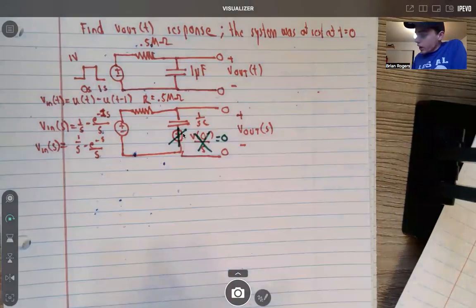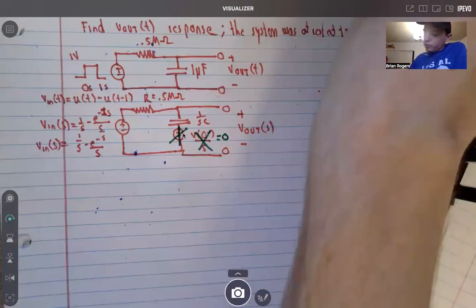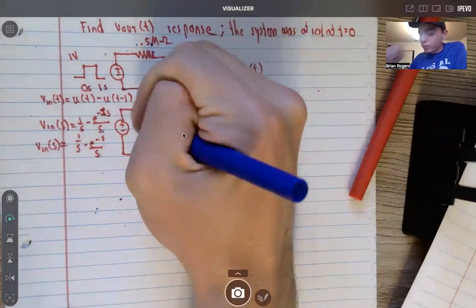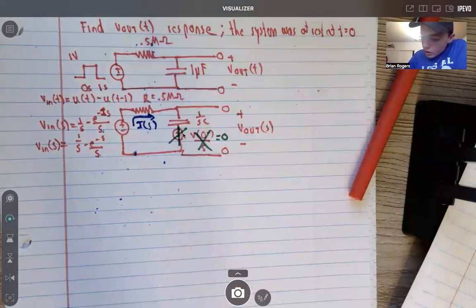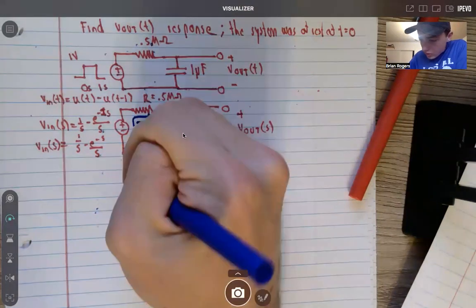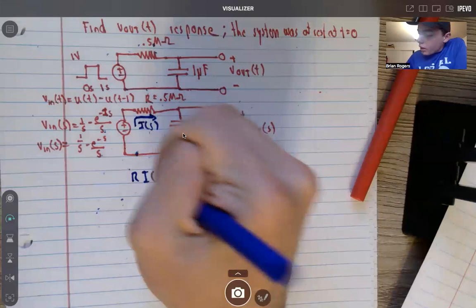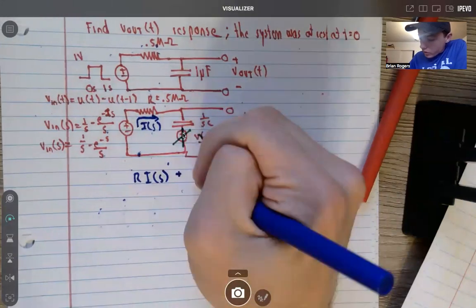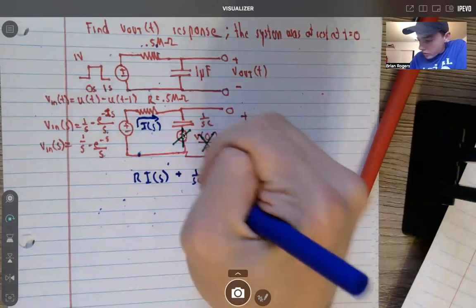If we draw a current running through the circuit, which is I of s now, because we're working in the frequency domain, we're going to have R times I of s, plus the current's going to run through here, so it would be 1 over SC times I of s.